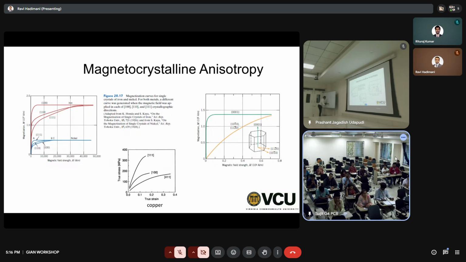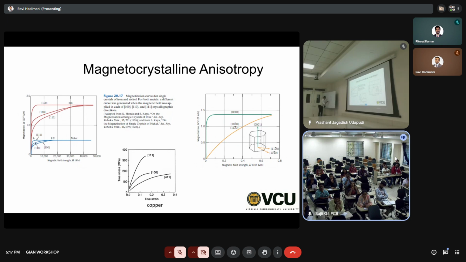you get a curve like that. If you apply it along the C axis, like that, and you apply it along the B axis, they all attain saturation, Ms, but their slope changes. Slope means that if you apply a small magnetic field, this has very low magnetization compared to this one.